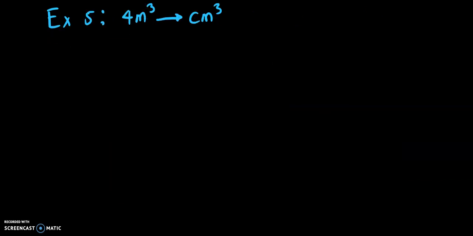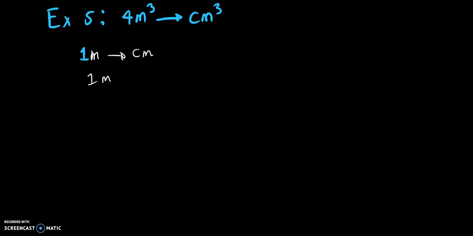So finally, let us do a volume conversion. Now this one is a bit complicated, but let me try to explain. We are converting from 4 meter cubed to centimeter cubed. So first of all, to know what 1 meter cubed is related to a centimeter cubed, we are going to convert meter to centimeters first.